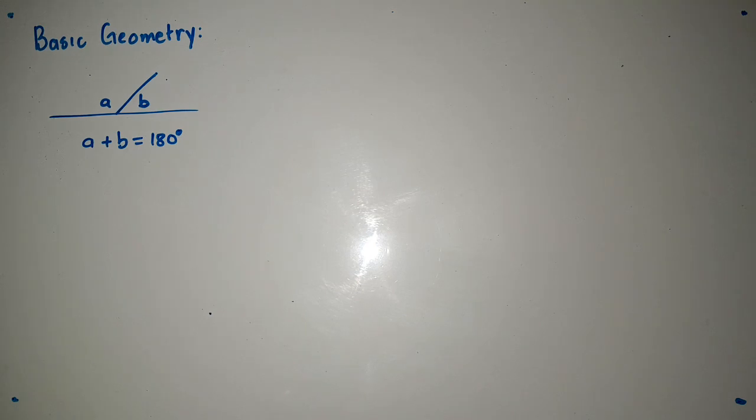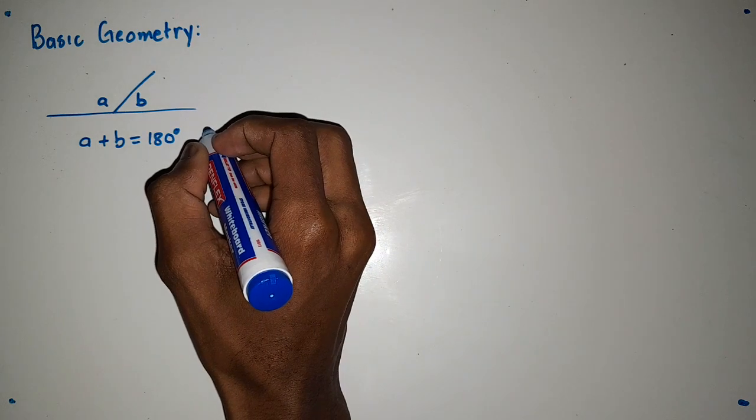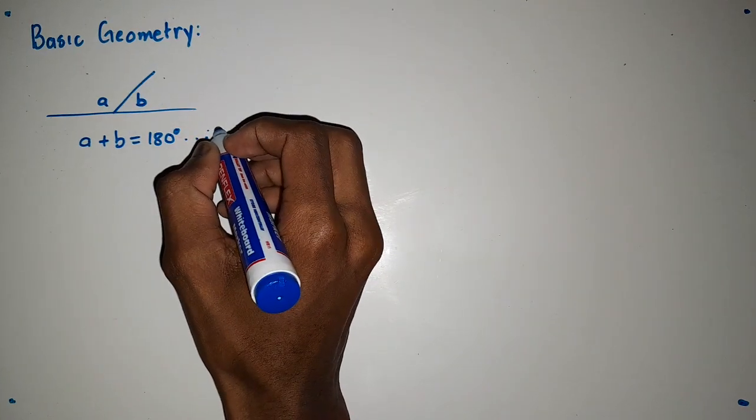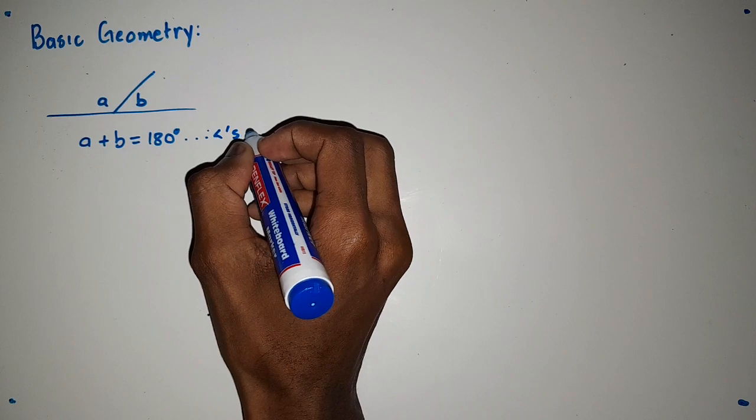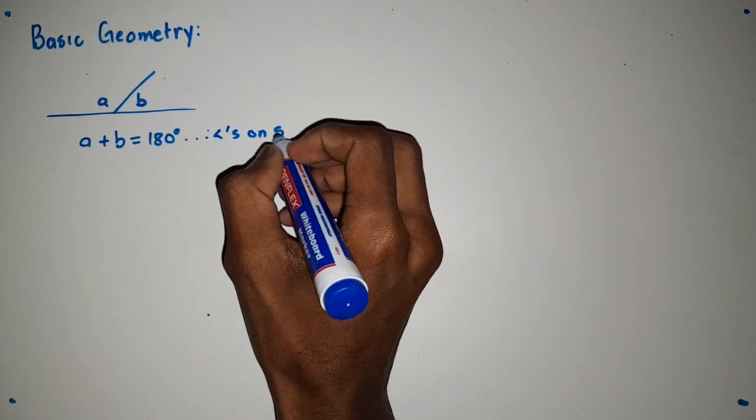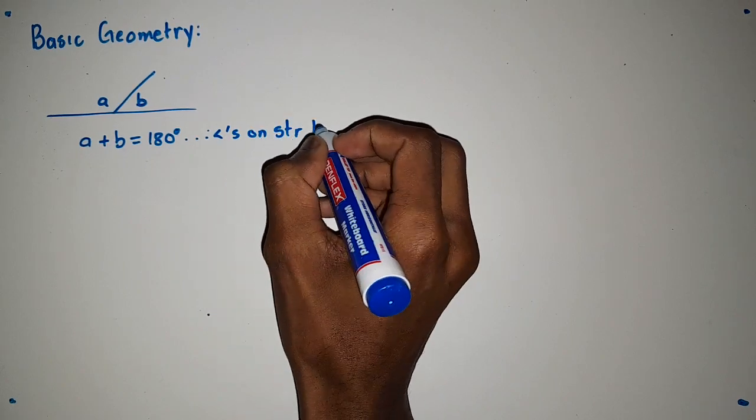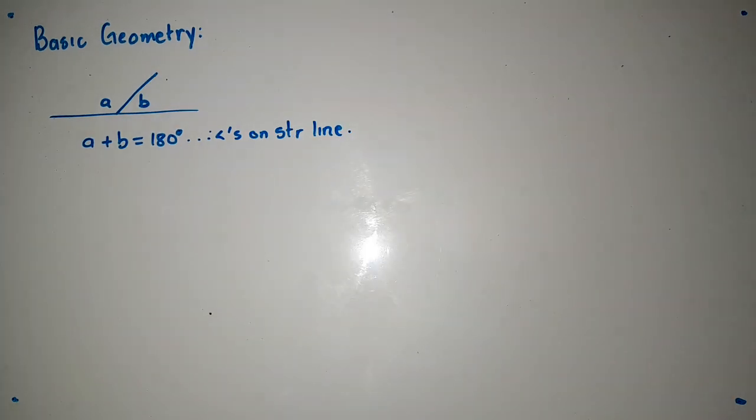The reason we normally use for this is angles on a straight line. They normally say the sum of angles on a straight line.